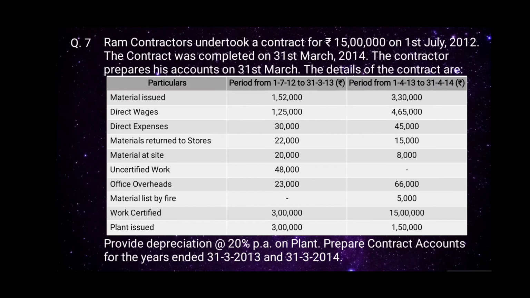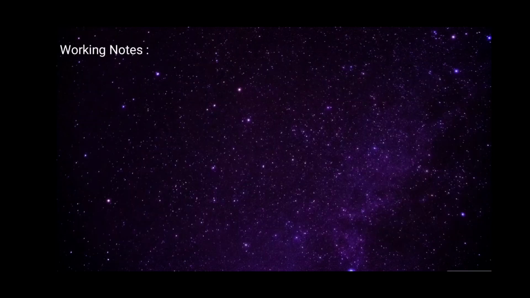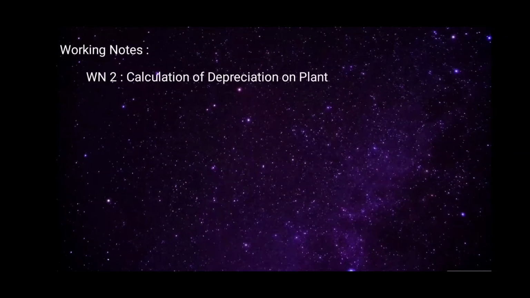Next, we'll record the depreciation on plant. The new plant issued is 1,50,000, which is at 20%. So to depreciation on plant, let us prepare working notes. Working note number 2, calculation of depreciation on plant on WDV.